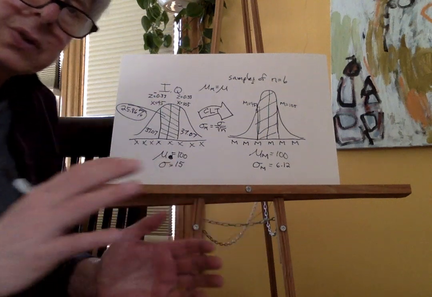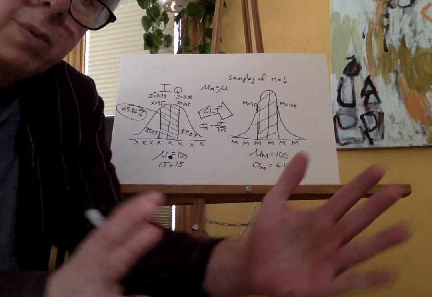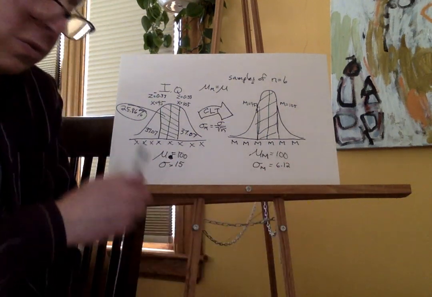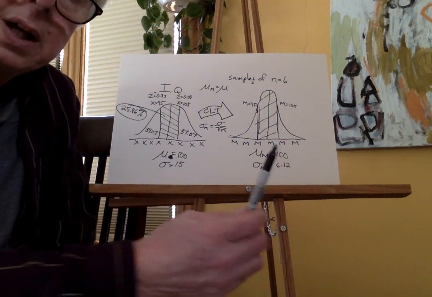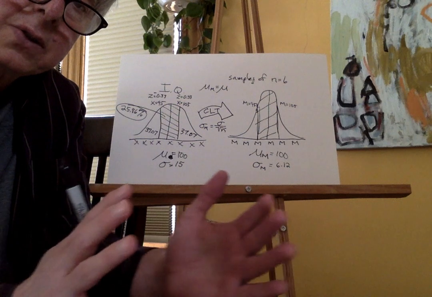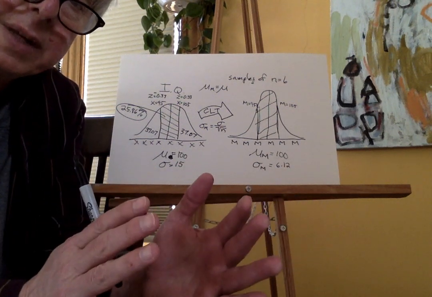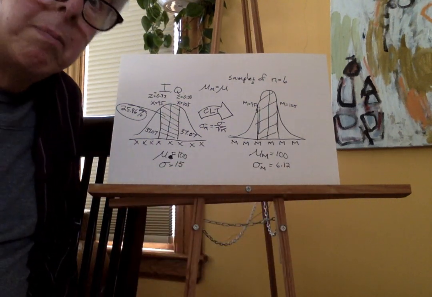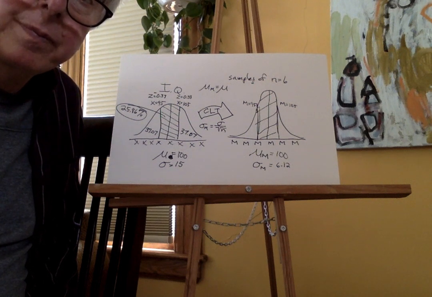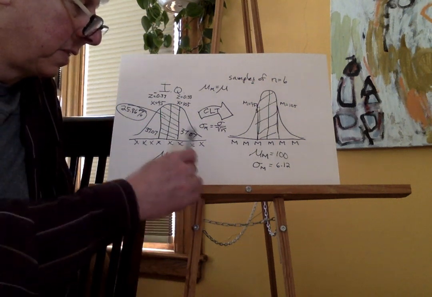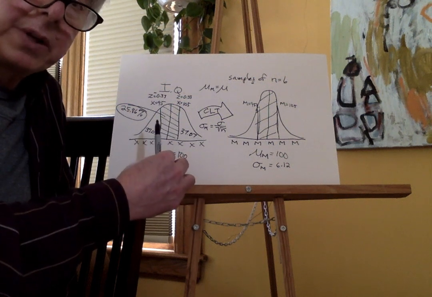If the samples are tending to pile up more toward the center, that is relative to the individual scores, if the samples are scrunching up, they're getting closer to the mean, then we should see more people close to the mean, okay? Everybody with me? These are more spread out, fewer in the middle.